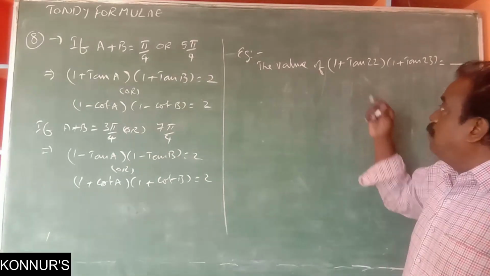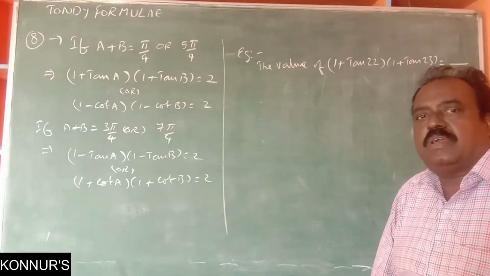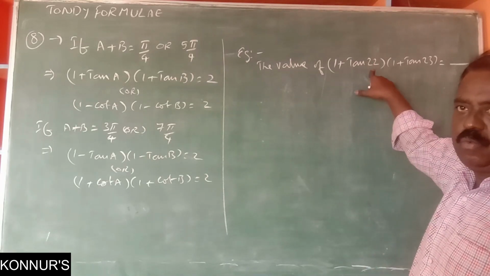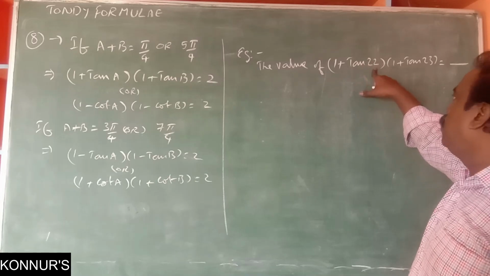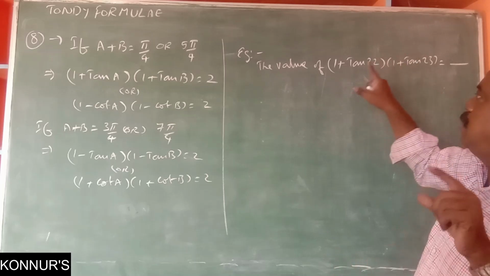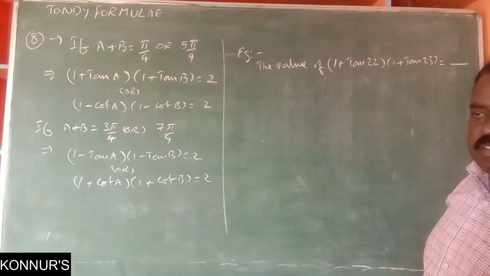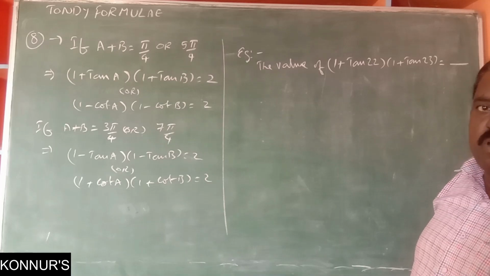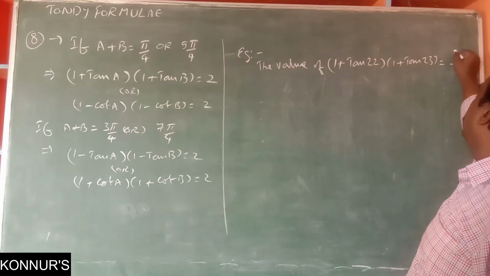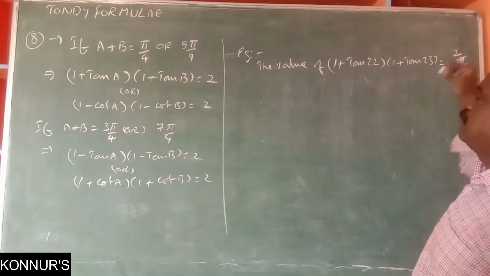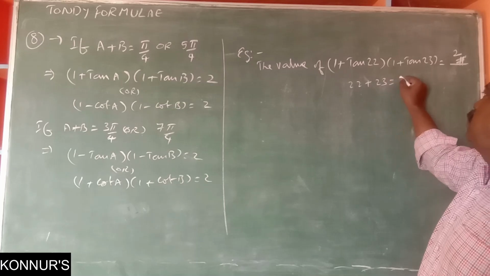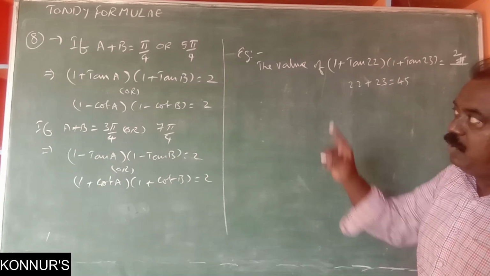If you see this problem in an exam, that is in the JEE Mains or CET or any other objective exam, there is no value table for tan 22, tan 23. It is not possible to find these values. But when a question like this is asked, certainly we will be confused. So, by using this formula, its answer is 2. Why? Because this 22 plus 23 is 45.